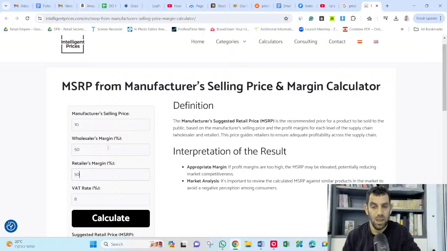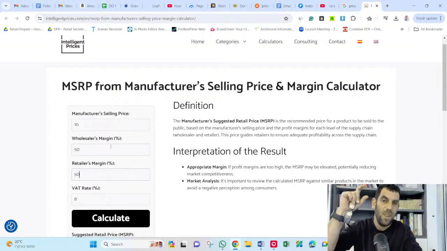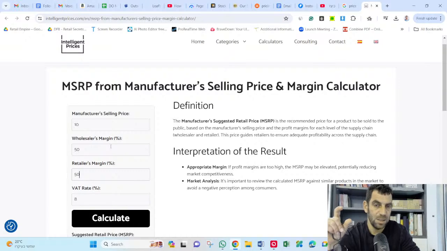Okay. When we talk about margin, you have to keep in mind there are 2 different terms. There's margin and there's markup. So margin is looking at the MSRP, the retail price, asking what percentage of that retail price I want to take to my pocket. This is margin in a simple description.